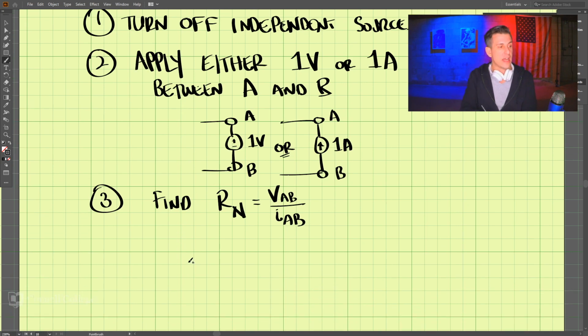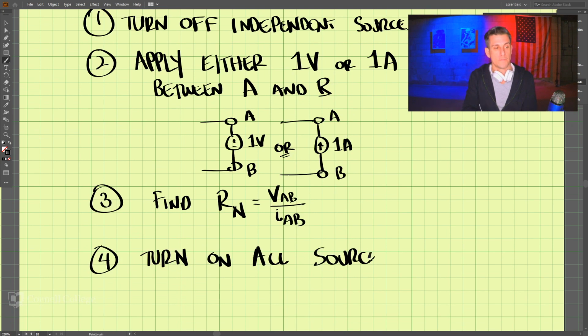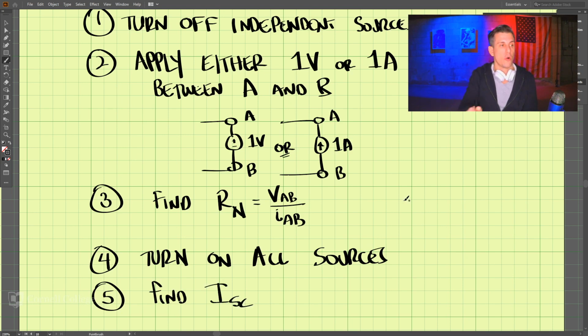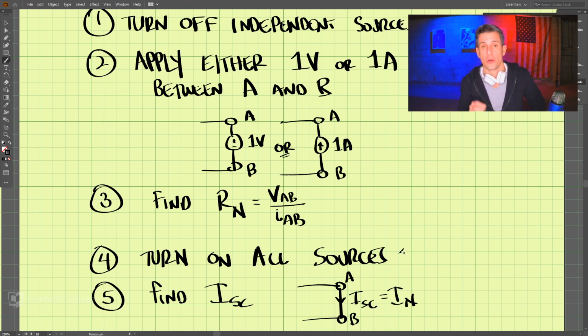And then the last step is turn on all sources. And then you find I short circuit. So you short circuit this and you look for I short circuit, and this is between A and B, and then that is equal to the Norton equivalent current source right here.